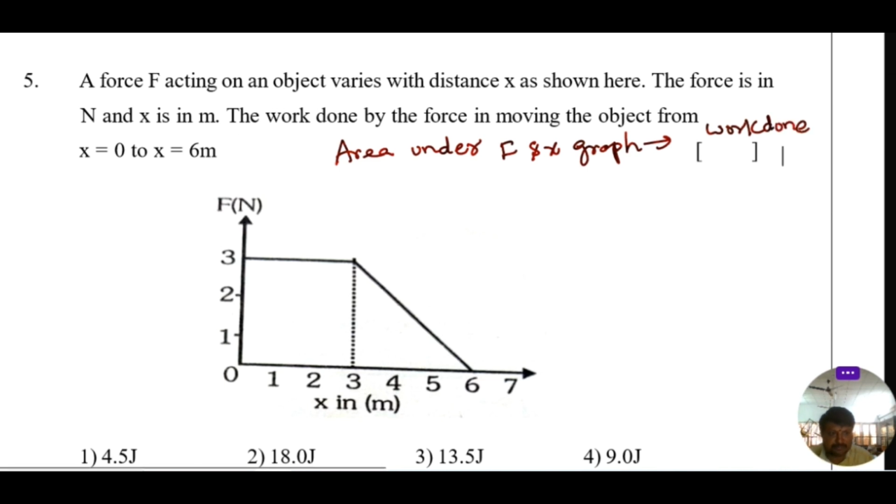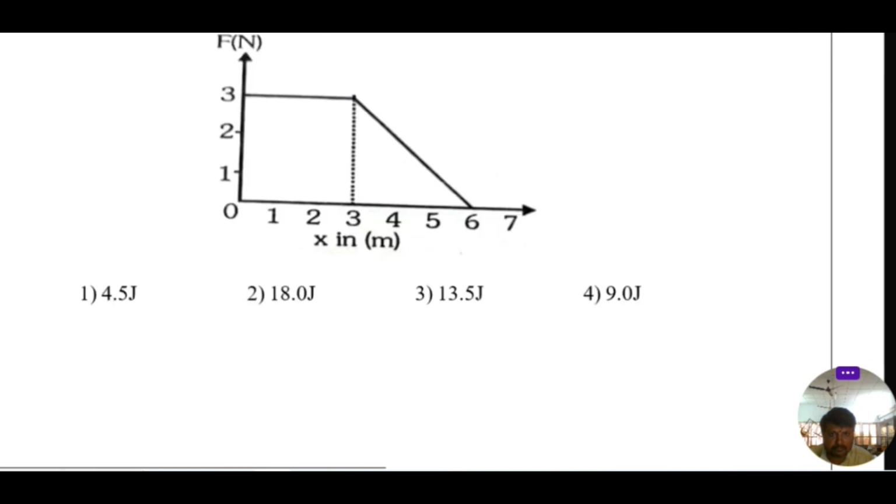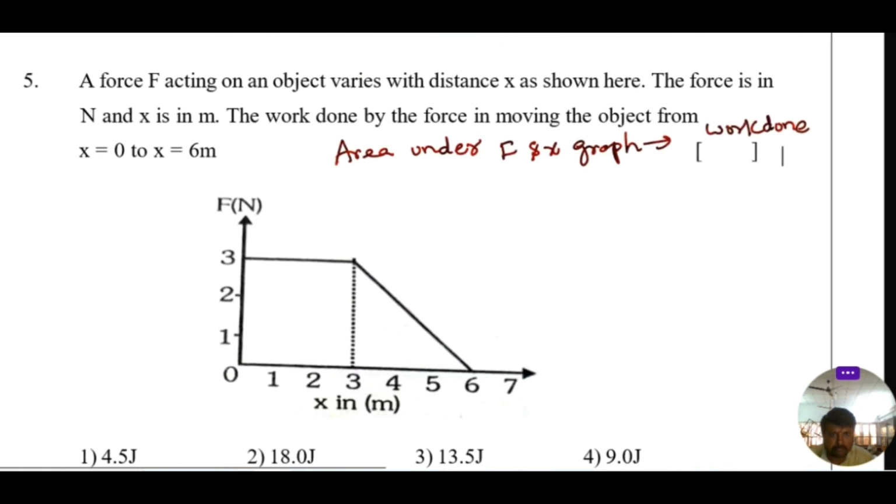So in this situation, the rectangle's side into side: this is 3 meter into 3 Newton, plus this area is in the form of a triangle.